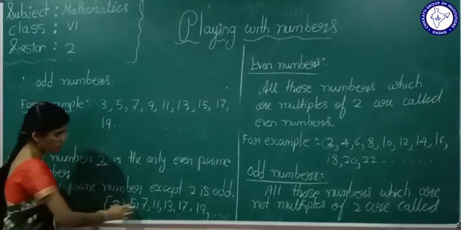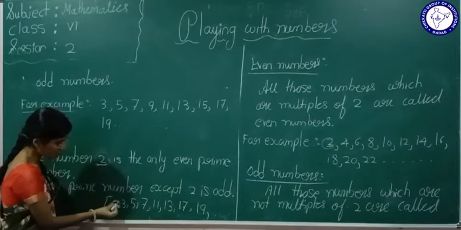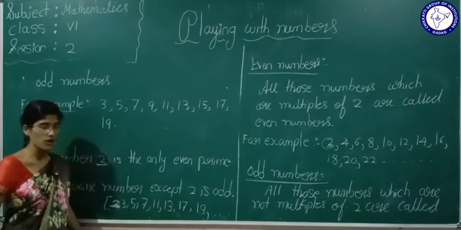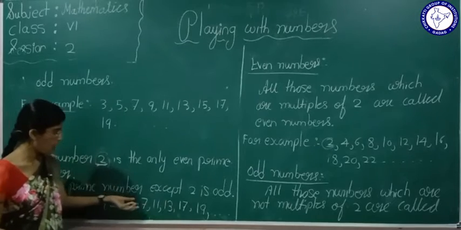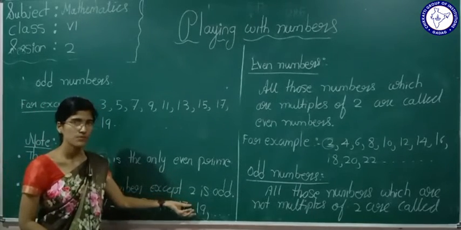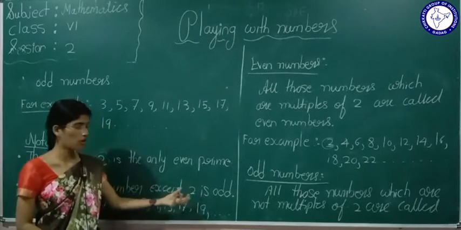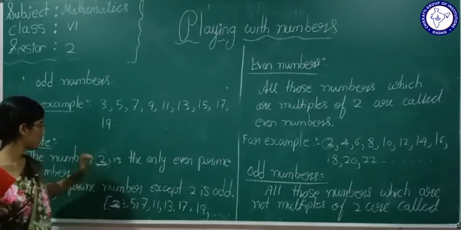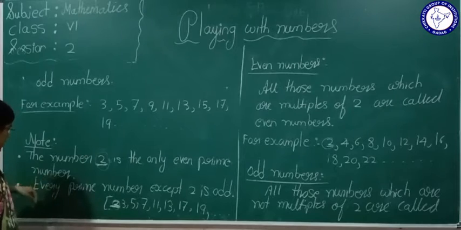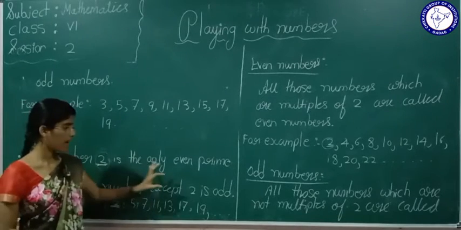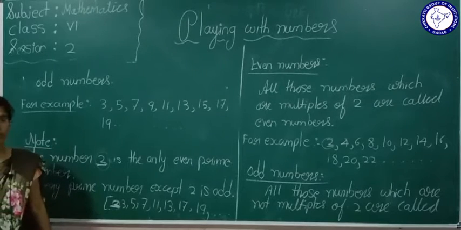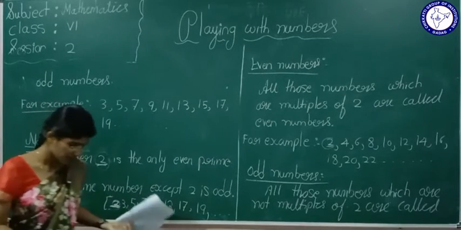Here 2 is even, and all other prime numbers are odd. So this you have to remember. The number 2 is the only even prime number. And second point, every prime number except 2 is odd. So based on this, now we are going to solve the exercise.